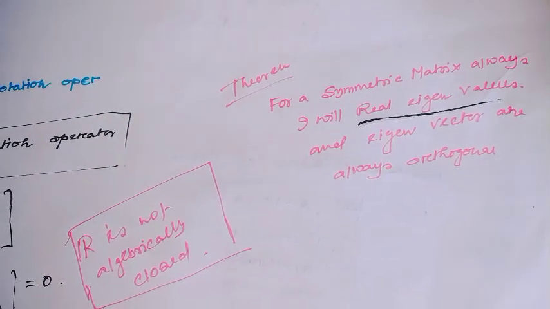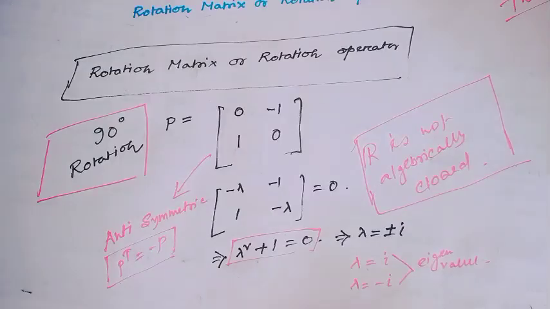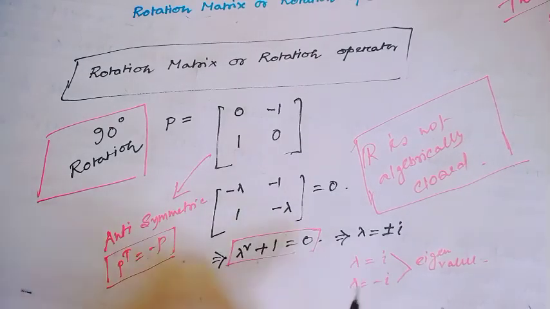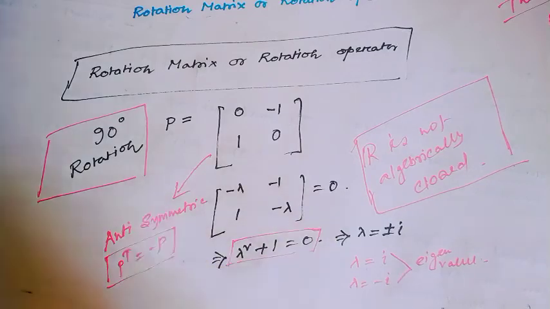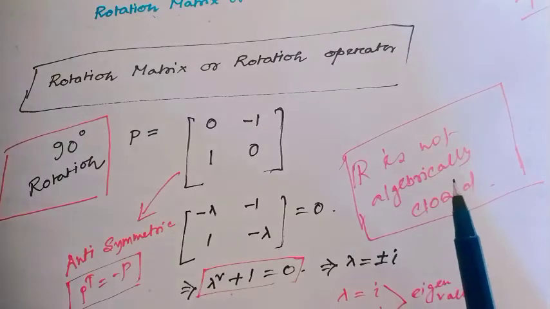This is actually the theorem. Since here the antisymmetric matrix means P transpose equals minus P, the eigenvalues are not real; the eigenvalues are complex. This concept is very important not only for competitive exams, but for higher study also.